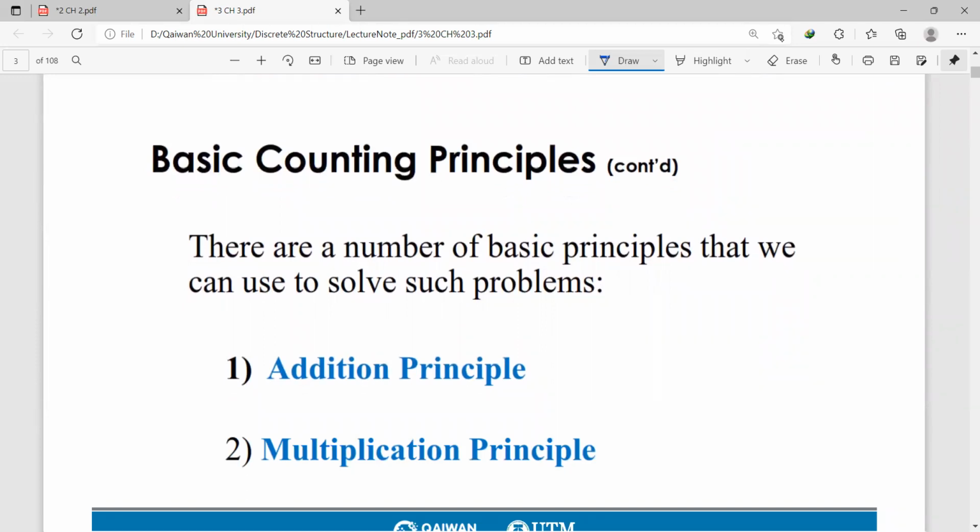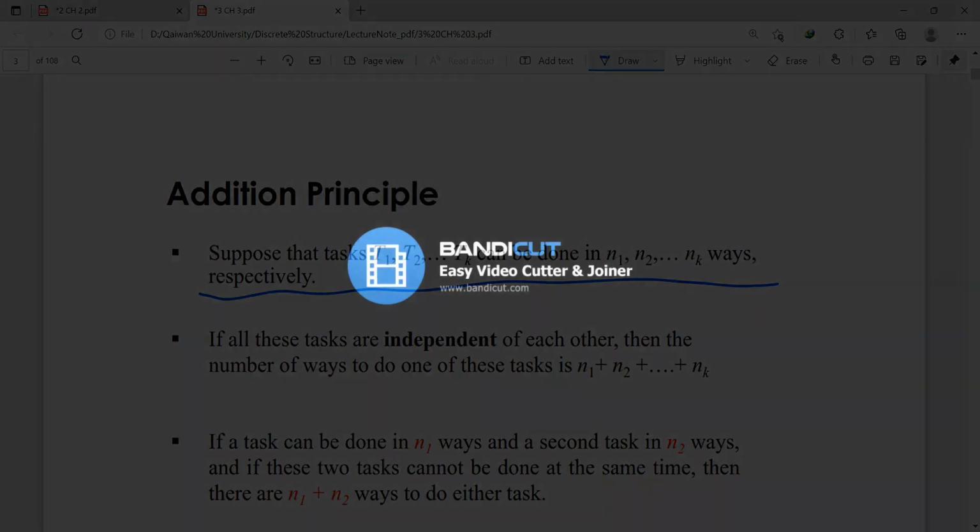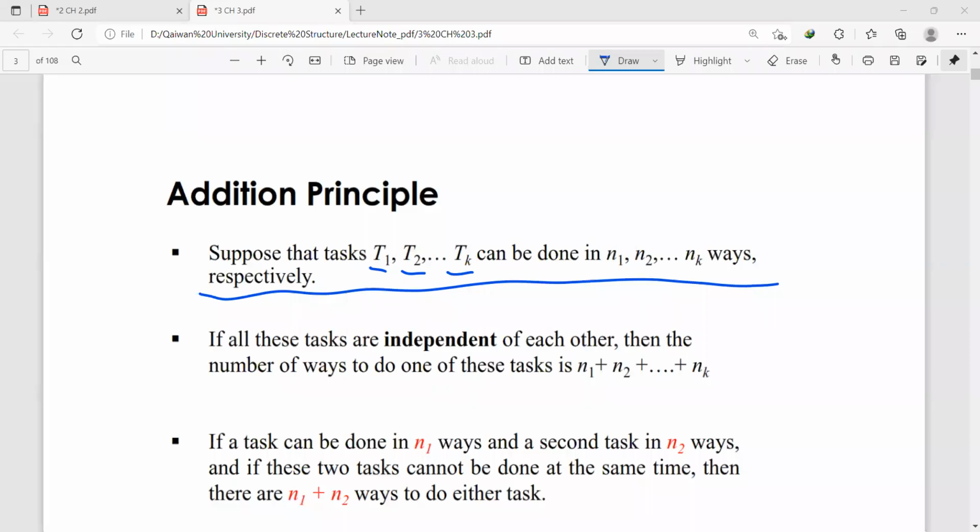Basic counting principles, we have 2 types: the addition principle and the multiplication principle. For the addition principle, we suppose that tasks T1, T2 up to Tk, if you have k tasks, can be done in N1, N2, up to Nk ways, respectively.